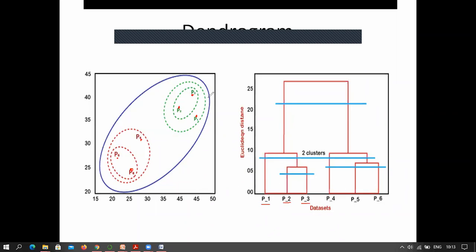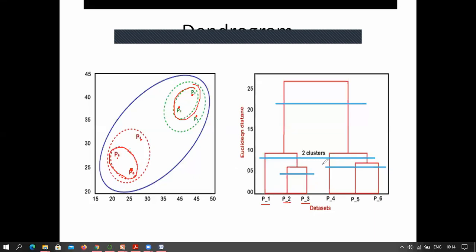Next, we need to find the Euclidean distance between these data points, and we need to merge 2 data points that are close to each other. Suppose initially you combine P2 and P3, and you combine P5 and P6.